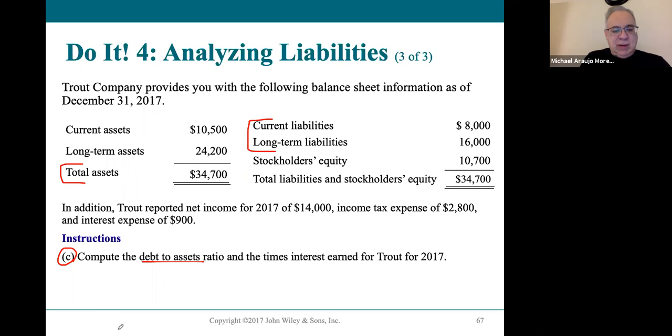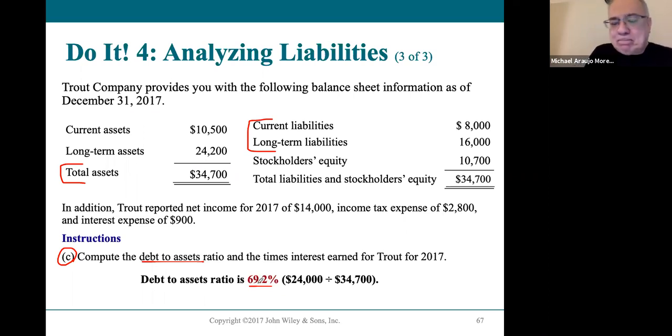And so that ratio is going to be 24,000 over 34,700, which means that their debt to asset ratio is going to be a little over 69%. So 69% of their assets is financed with debt. That's basically all that means.